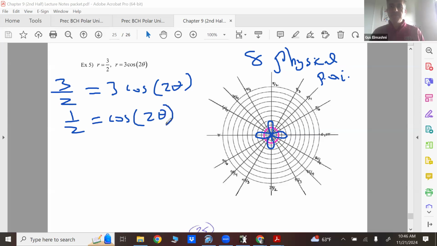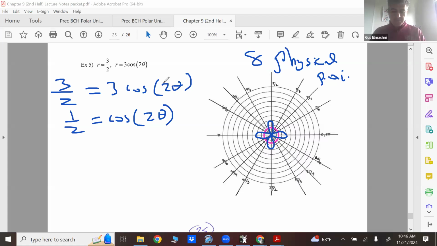Isn't that actually 8 points because it doesn't trace itself, because it's negative? We have 4 petals, right? But it doesn't retrace, because it was even, right? Well, hold on, let's solve it.